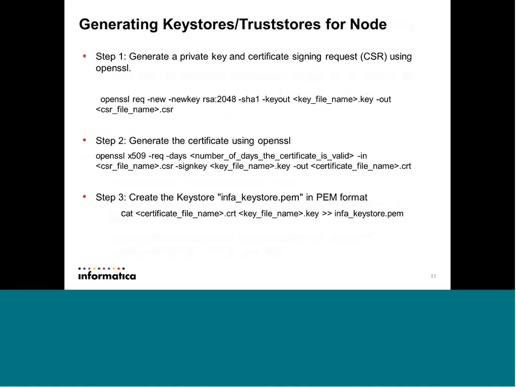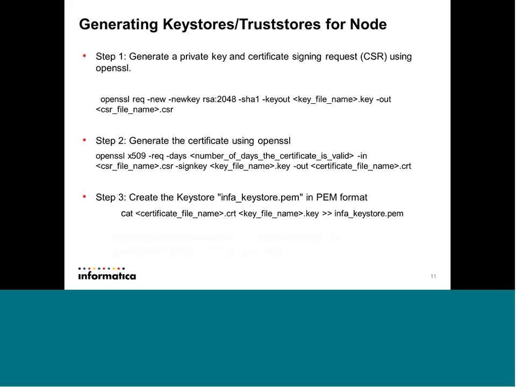Now, for generating key stores or trust stores for the node, we first have to generate a private key. As I said before, the key store will have a private key, the certificate, and the public key. So the first step is to generate a private key and a certificate signing request, CSR, using OpenSSL.